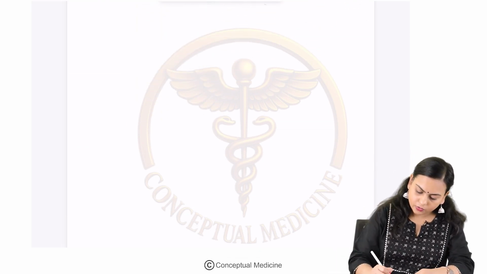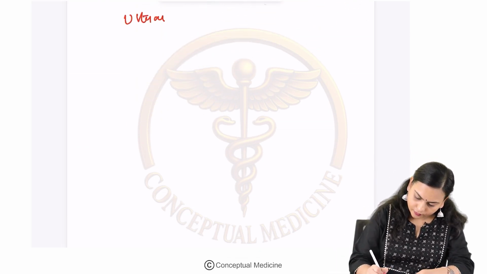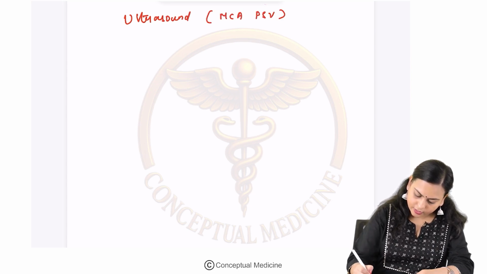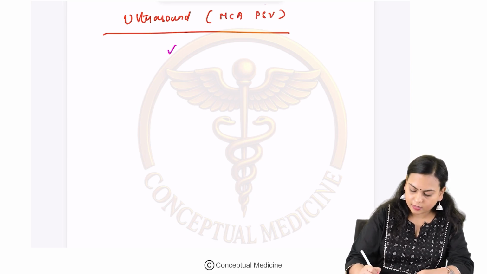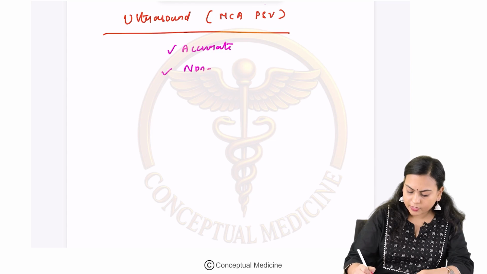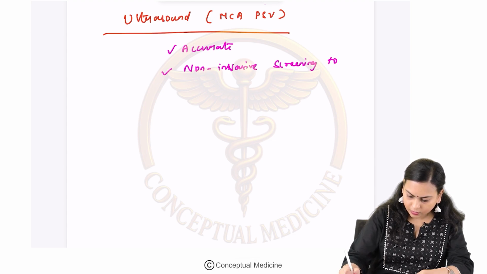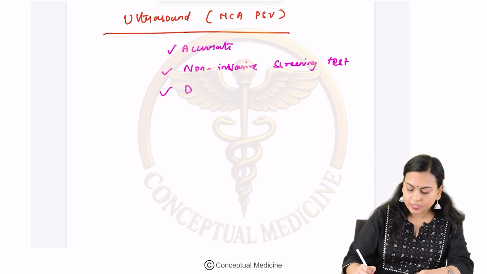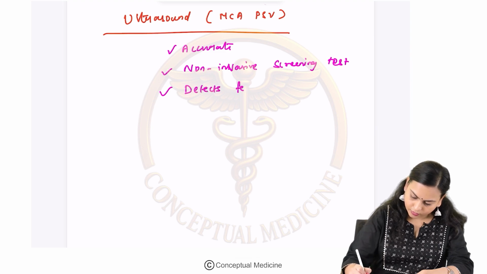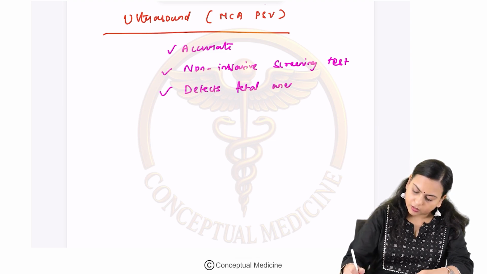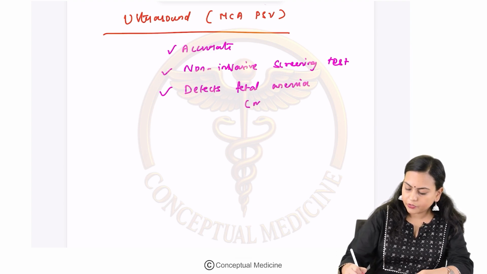Okay, but we have to know just what is Lilly's chart and how it was classified accordingly. Okay, so the ultrasound of middle cerebral artery peak systolic velocity is one of the accurate and non-invasive screening tests that detects fetal anemia in different rates from mild to severe.